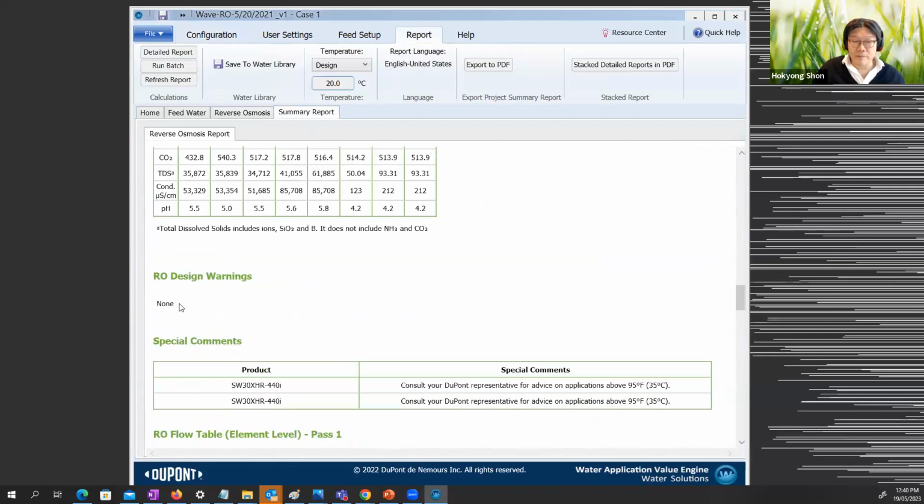So if you have some miscalculation, misinformation, or a wrong value roughly put in, then you will have a design warning here. So your pressure vessel count is too low. You need to increase your flow rate for the second pass.